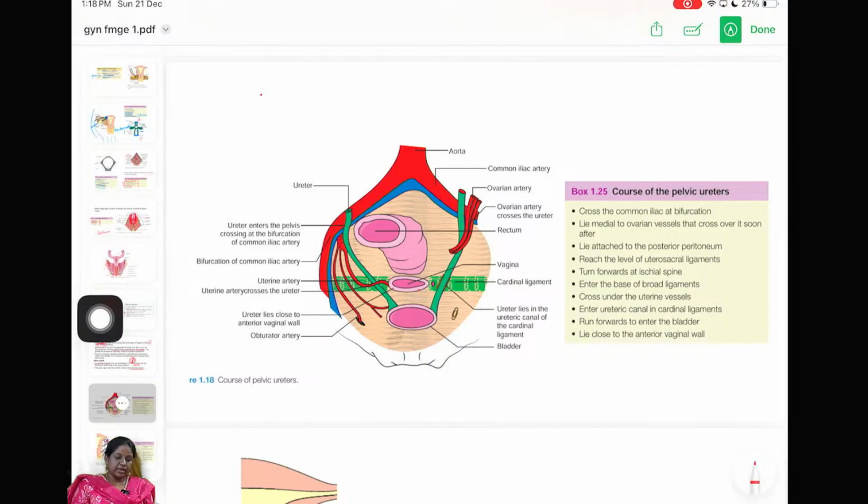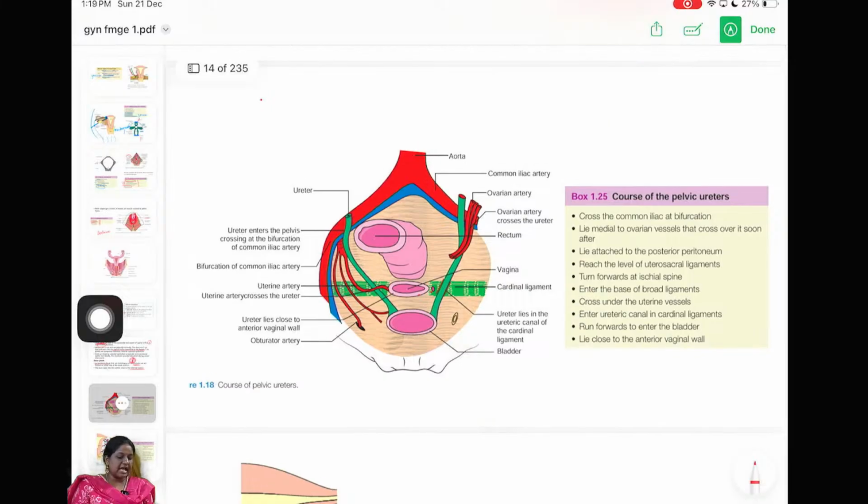So in all these areas, the ureter can get damaged. The important landmark is that it is crossing the uterine vessels. Where is it crossing the uterine vessels? In the broad ligament, it is crossing the uterine vessels.